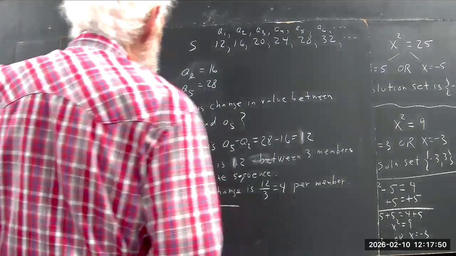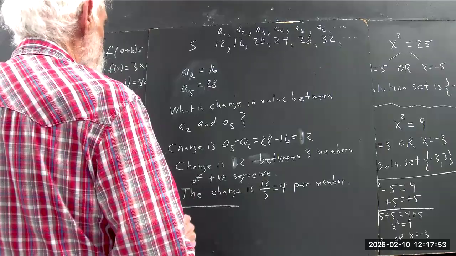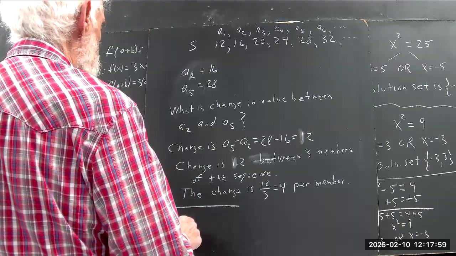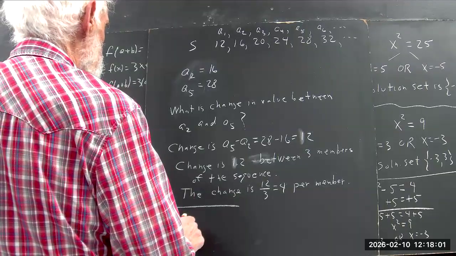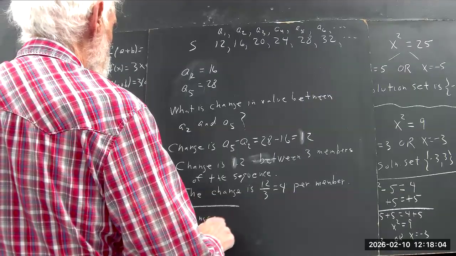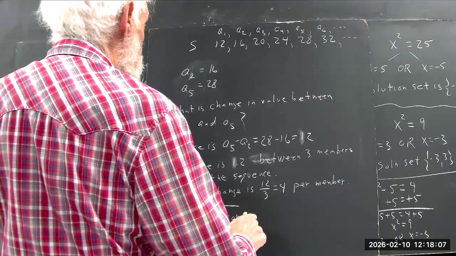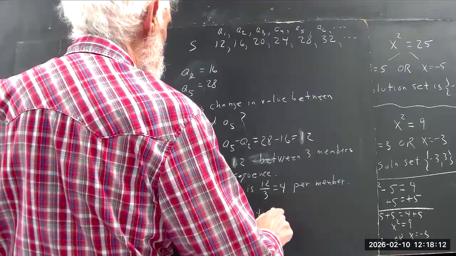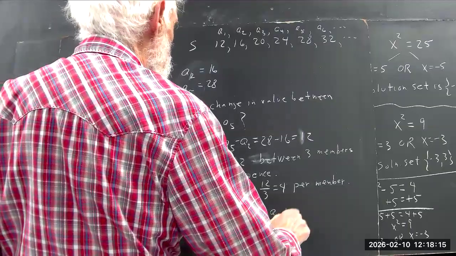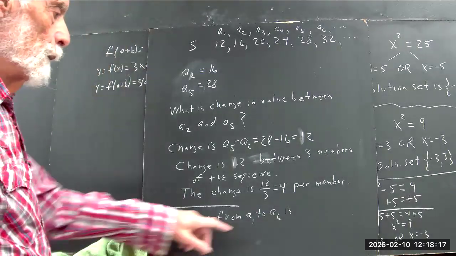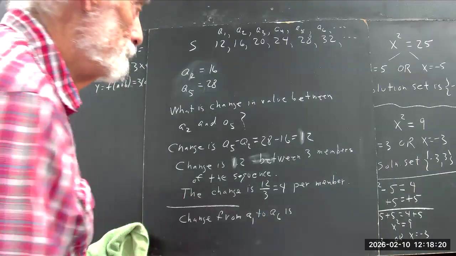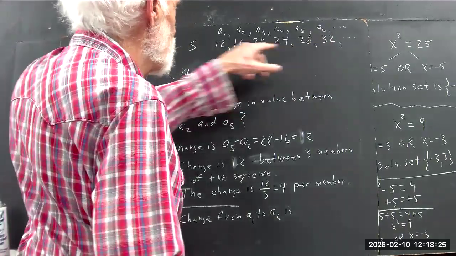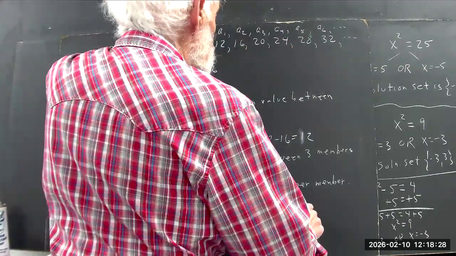Okay, well, what's the change from A1 to A6? Well, you can see that A6 is 32, A1 is 12.